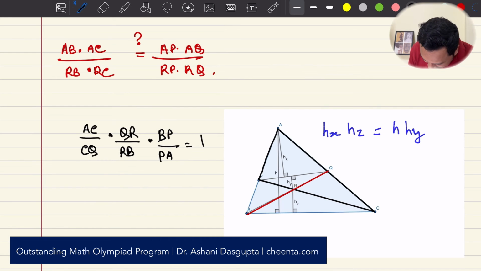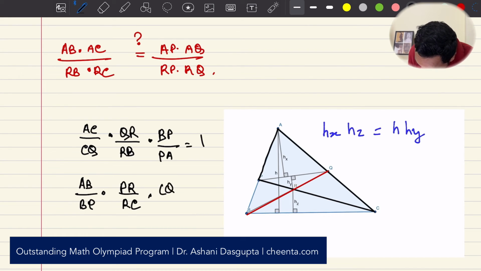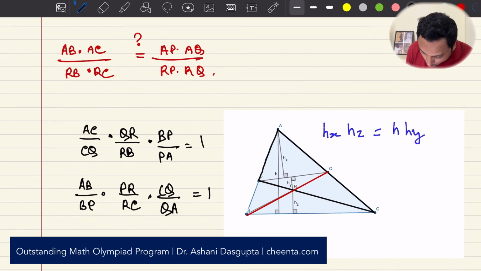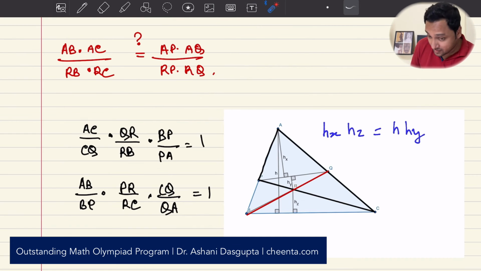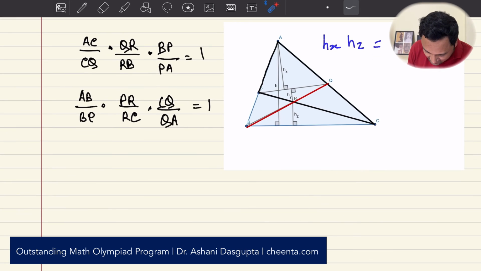Again, I'll do AB by BP times PR by RC times CQ by QA, which is equal to 1. Right? So, that's great. So we have these two. So we want this. We have these two. Okay, so we're almost done. Just equate these two pieces.